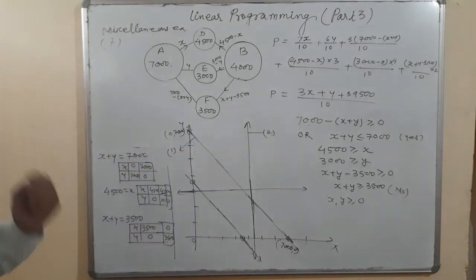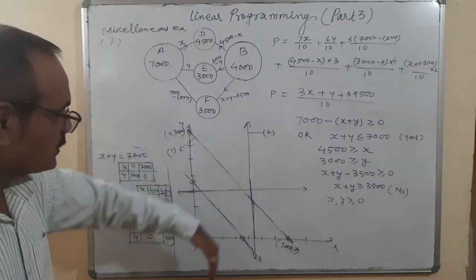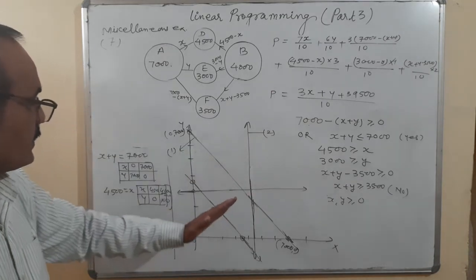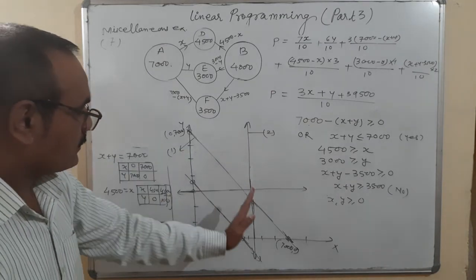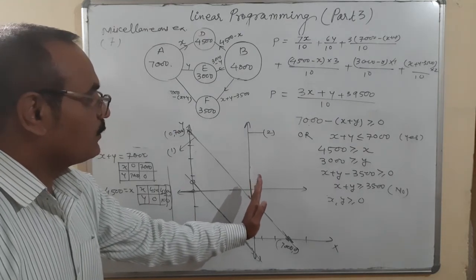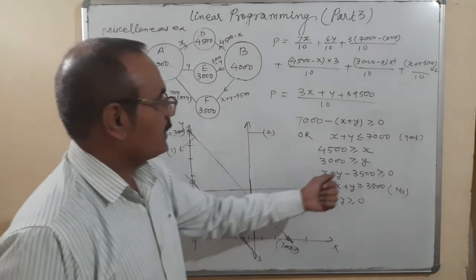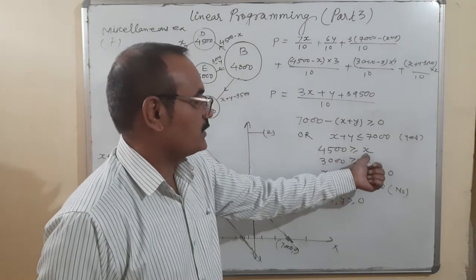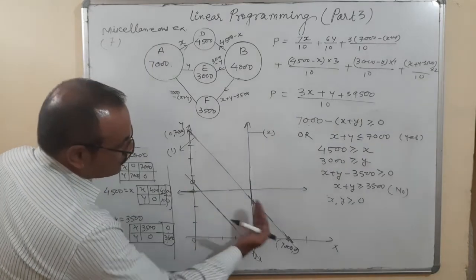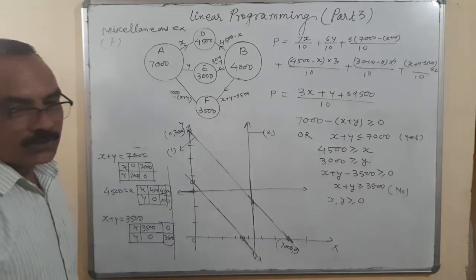Now let us find out the feasible region. This is first, towards the origin. This is fourth, away from the origin. This is the line x is equal to 4500. That means what is coming here is towards the origin. You can see that when you put 0, 0 is less than 4500, it's okay. This is also towards the origin. So these two lines are towards the origin, this line is away, this line is towards the origin.